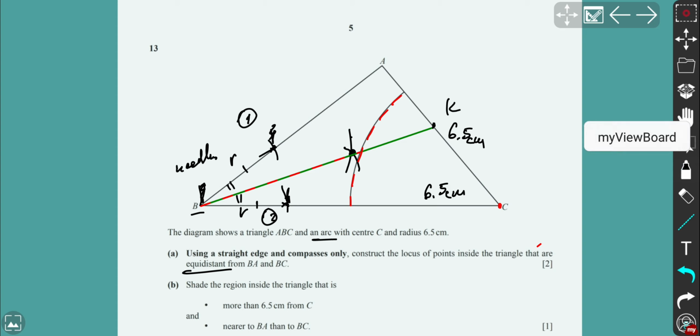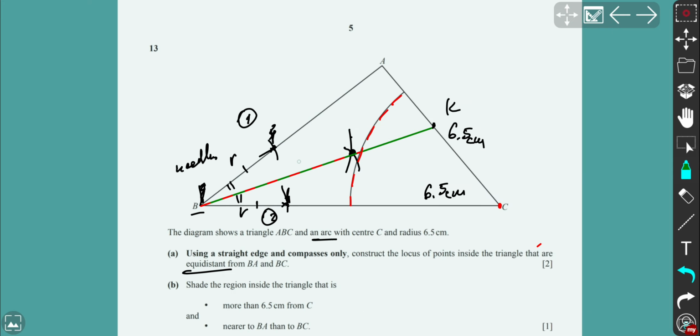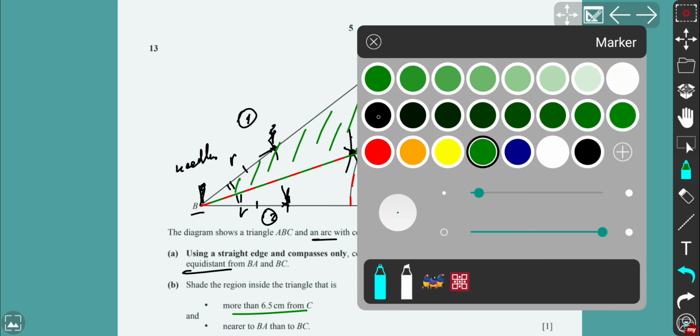And so any points within the region, now I'm going to shade that, any points within the shape B, A, let's say D, and another point, let's say L, right there will satisfy the conditions. So more than 6.5 from C and nearer to BA than to BC. So again, the boundary BL and LD is not going to be included, so that's why you need to use dashed lines. All right, so it seems to me it's done, and we'll move on.